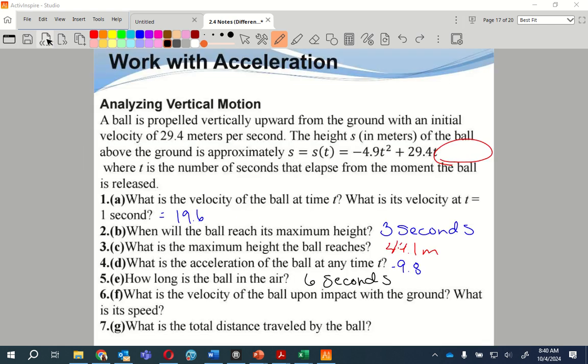So, what is the total distance traveled by the ball? Total distance traveled by the ball. What function am I looking at?